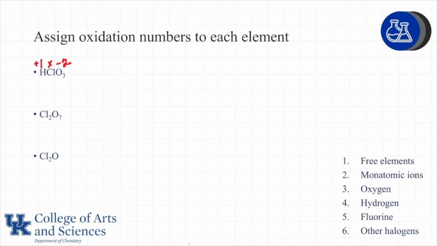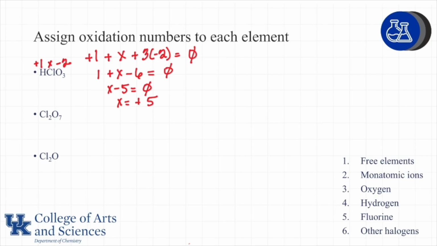I know that the sum of the oxidation numbers of these elements must equal 0. So I take +1 plus X plus 3 times -2 and sum those to 0. Get 1 plus X minus 6 equals 0. X minus 5 equals 0, and X equals +5. So I've identified the oxidation number of chlorine as +5.